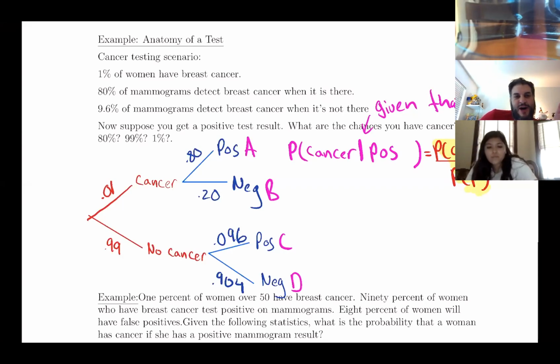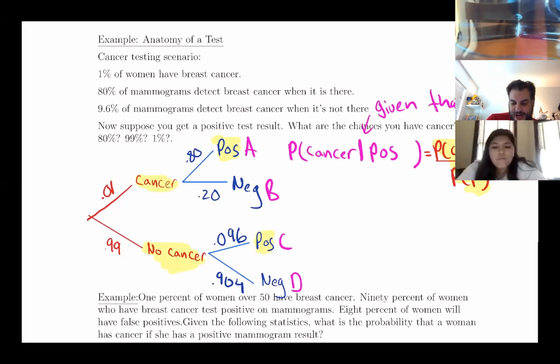A. Yeah, so you want to just use A. A gives me they have cancer and they test positive. You don't want to use C, because C does give me they test positive, but it gives me no cancer. So we want cancer and that they test positive. That's why you only want A, not A and C.